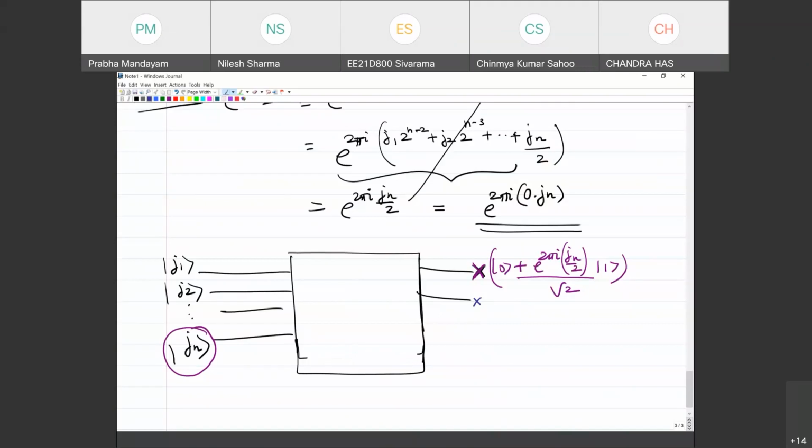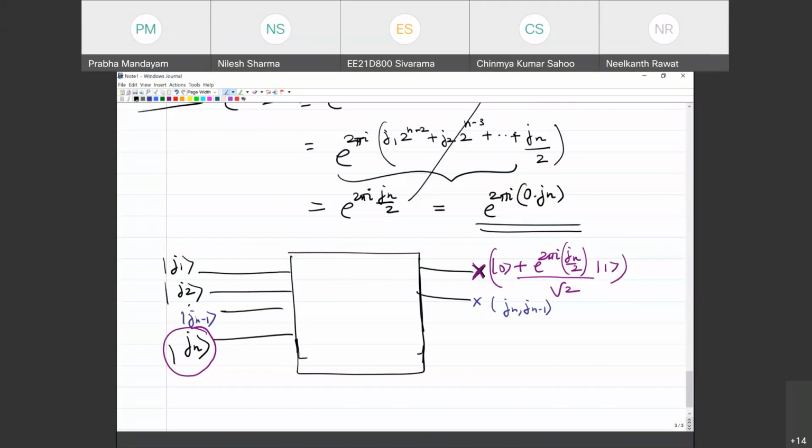Are people still around? n minus 1. Correct. It depends on Jn and Jn minus 1. So good. So I suppose the idea is clear. So this has some phase which depends on Jn and Jn minus 1. So Jn minus 1 is sitting here. And so on and so forth.